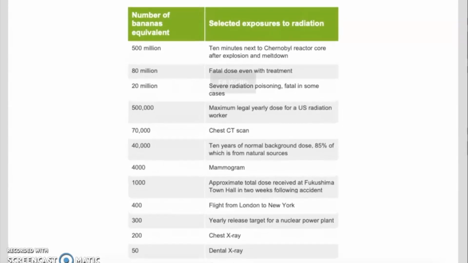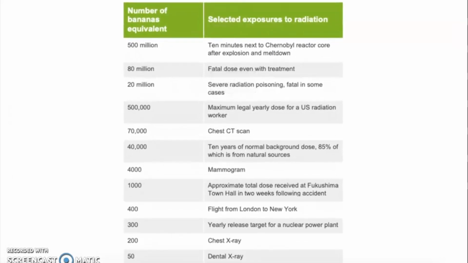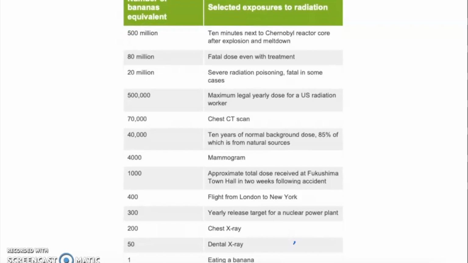But you may have heard that X-rays will expose you to radiation. For example, a dental X-ray is like being exposed to 50 bananas worth of radiation. A chest X-ray, 200 bananas worth. You can see that the release from a nuclear power plant is about 300 bananas worth of radioactivity per year.